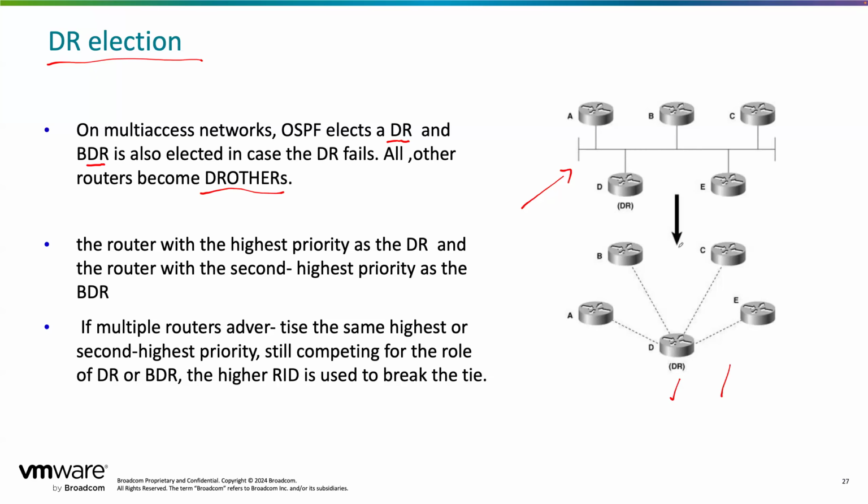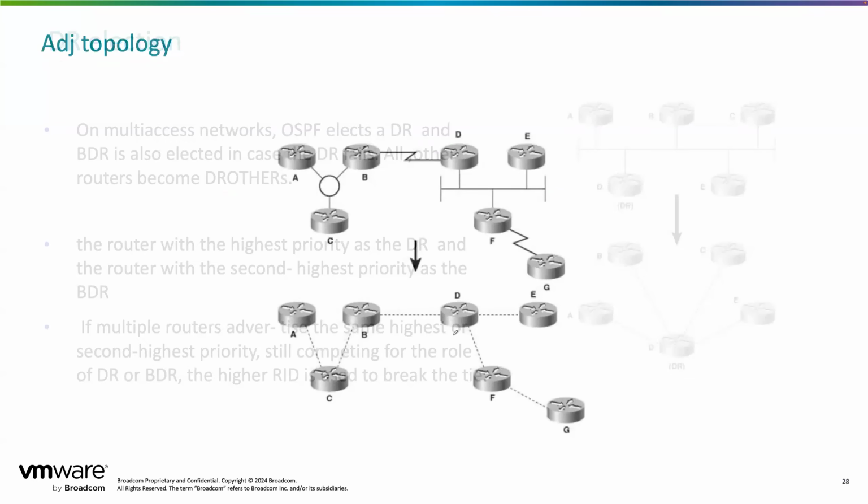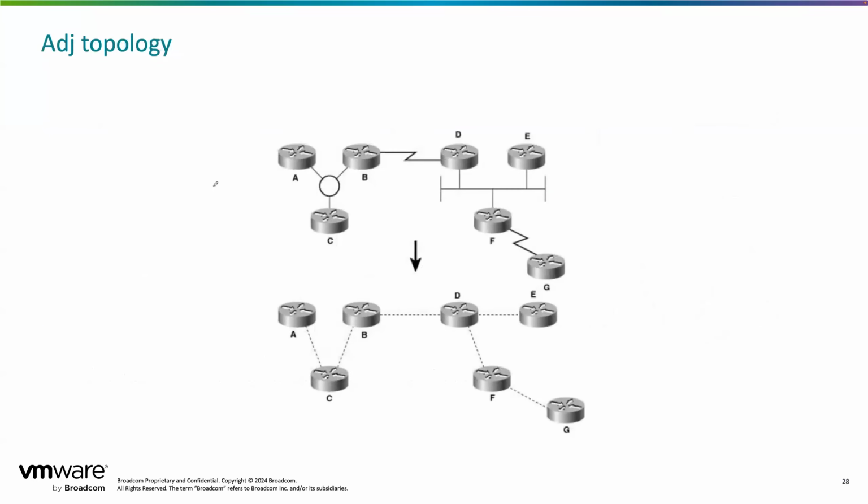There's no need to have a relationship between one DR other router and another DR other router. That's the simplification of the relationship. So by using this process, we can simplify our topology.